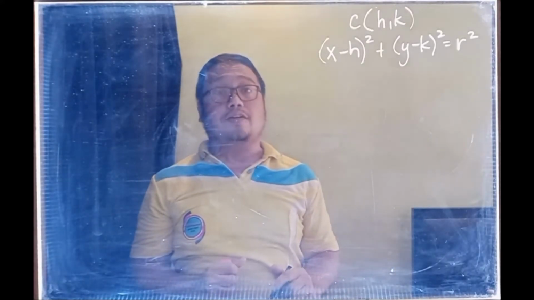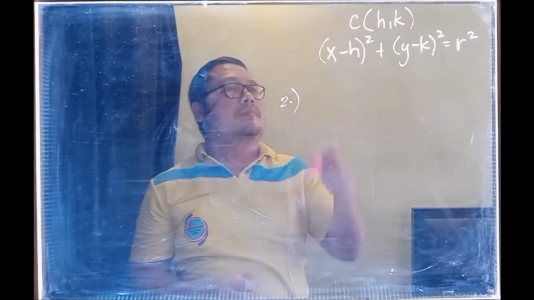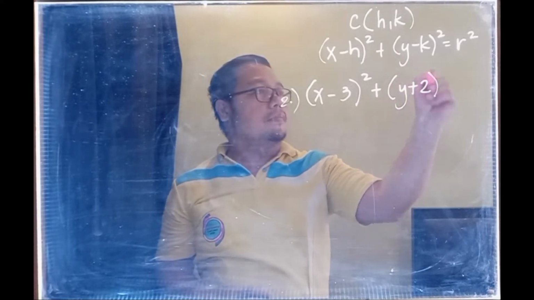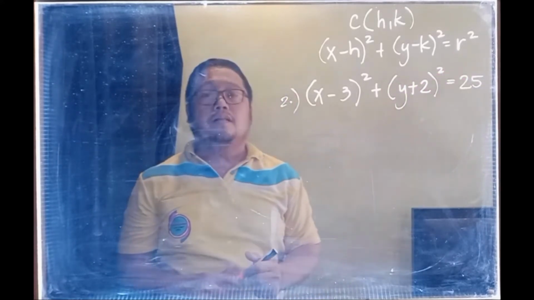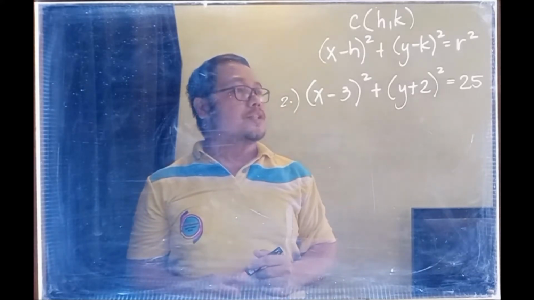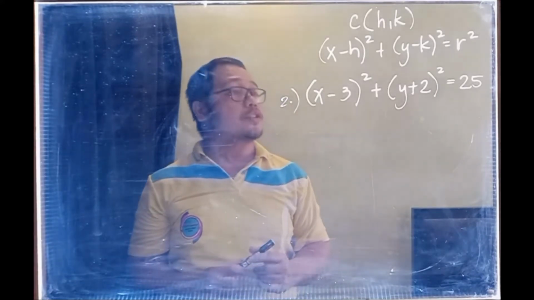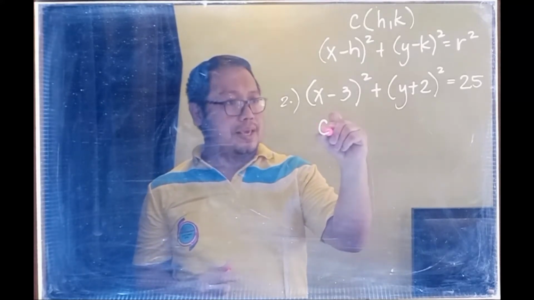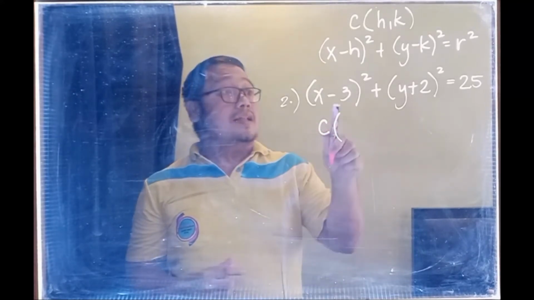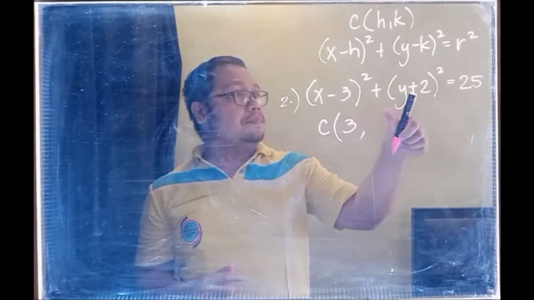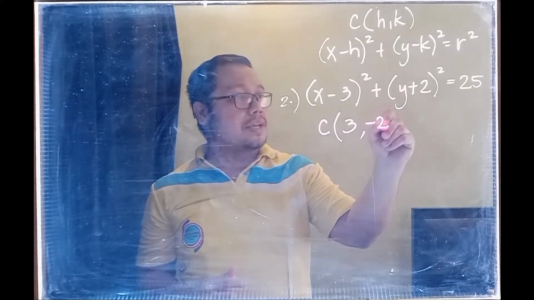Let's have our second example. Given (x minus 3) squared plus (y plus 2) squared equals 25, we can identify our center to be at the opposite of these: 3, and positive 2 becomes negative 2.